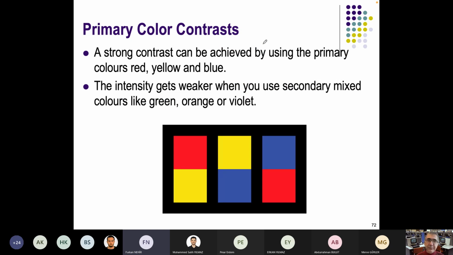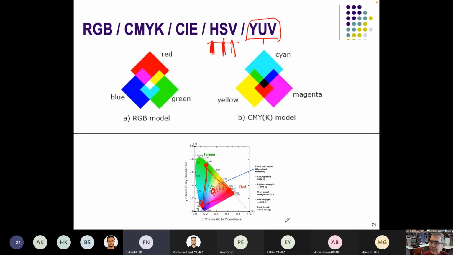So, primary color contrast. This is Galatasaray, this is Fenerbahçe, and this is Trabzonspor. Galatasaray, Fenerbahçe, and Trabzonspor are actually using a primary color contrast. When you combine these two, you'll get usually whitish results.